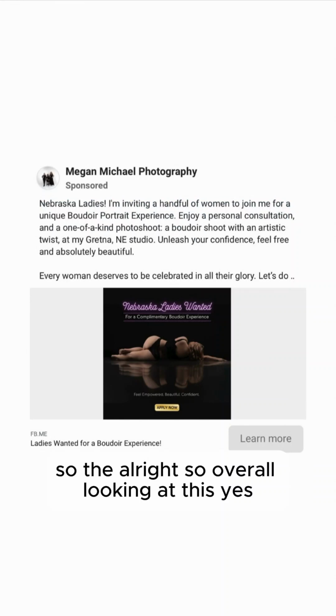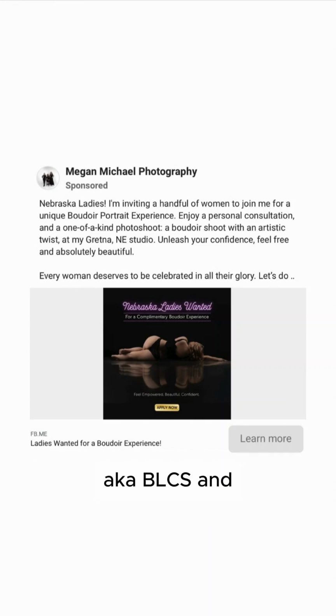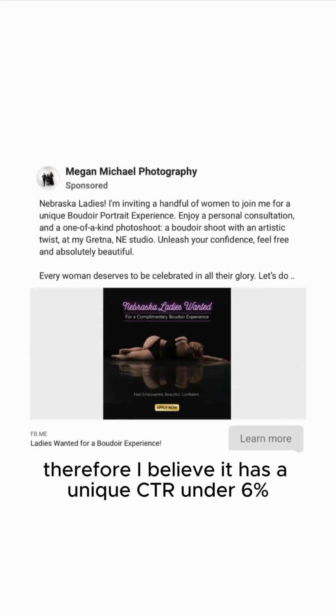All right, so overall looking at this, yes, I do believe this has boudoir low click syndrome, aka BLCS, and therefore I believe it has a unique CTR under 6%.